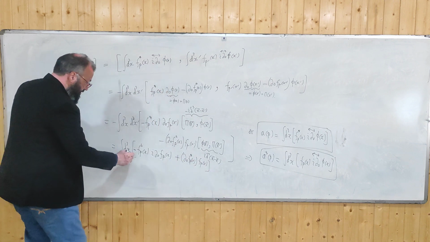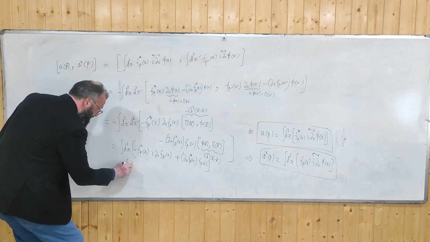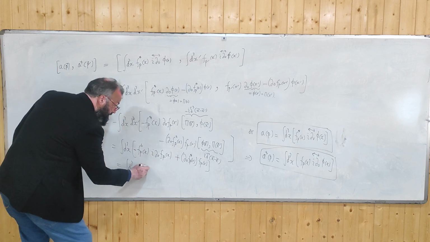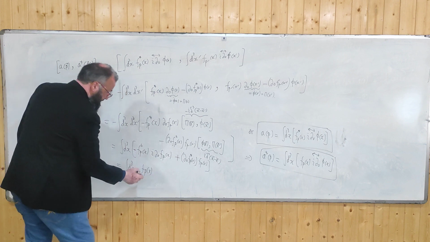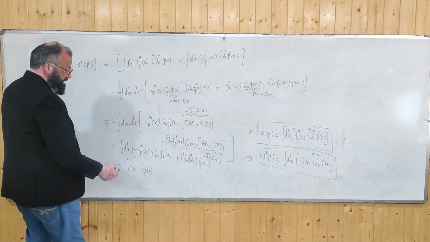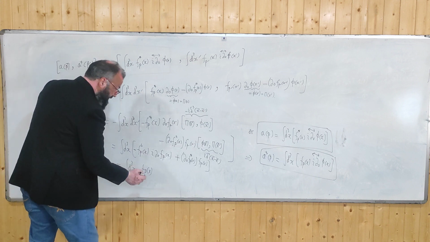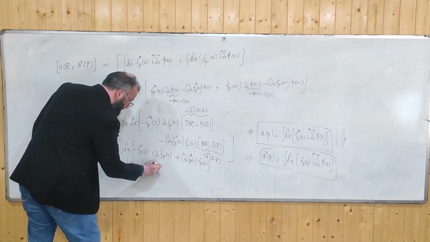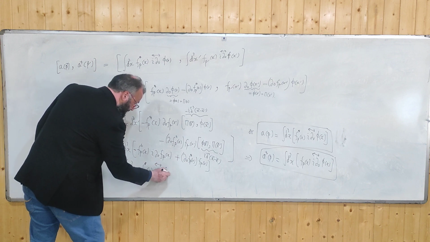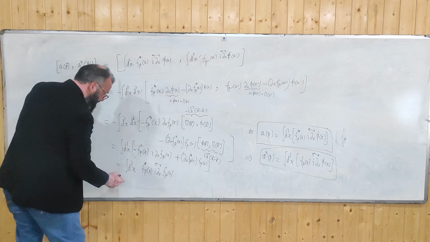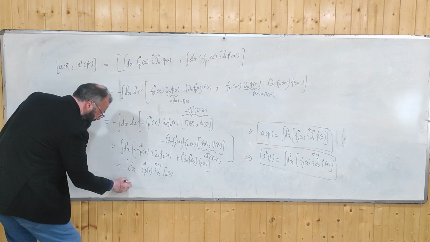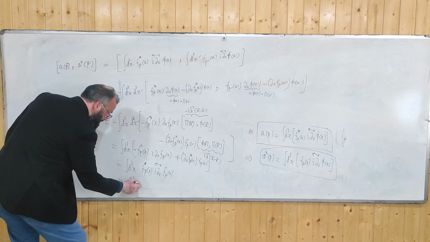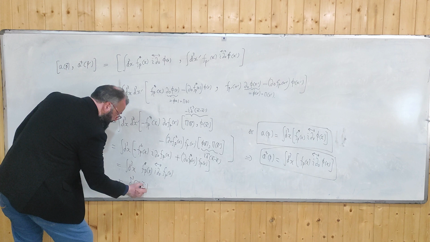Clear? So now if you see, it is simply d3 of x fp star of x i partial 0 fp prime of x. What is that equal to? That is simply equal to delta 3 p minus p prime, just as we have shown.